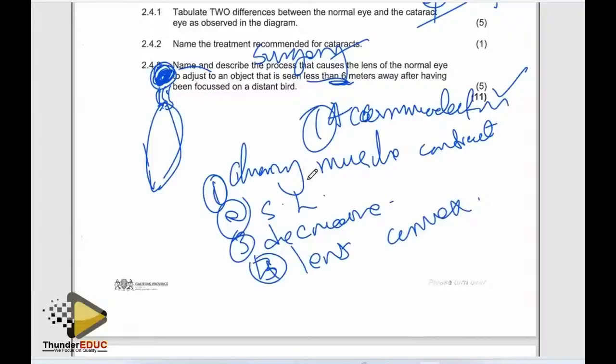Now the light rays are bent more to the retina. Light rays are bent more, or refracted, because bending and refraction is the same thing.